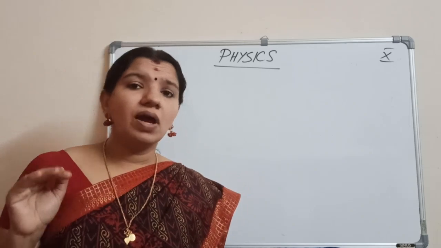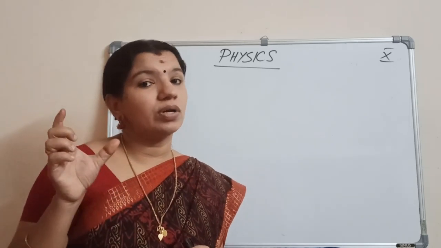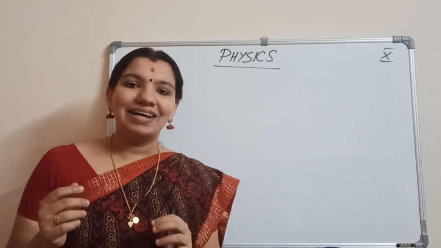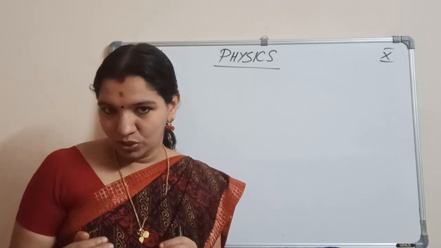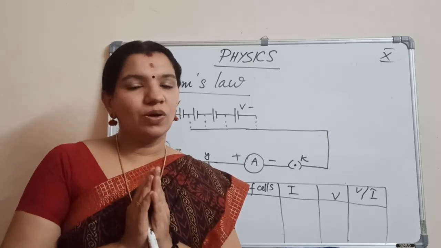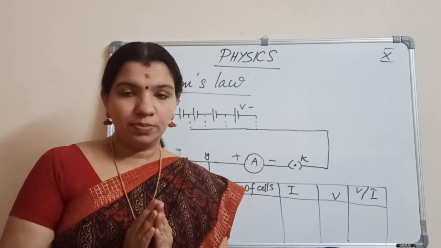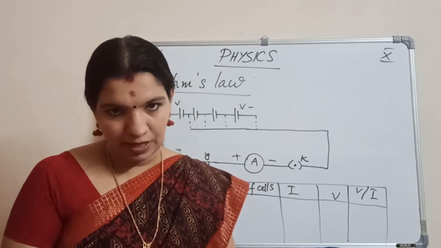Now today we are moving to one of the most important laws in physics, and the name of the law is very beautiful. It is Ohm's law. Shall we move to that? This Ohm's law gives a relationship between the current and the potential difference.